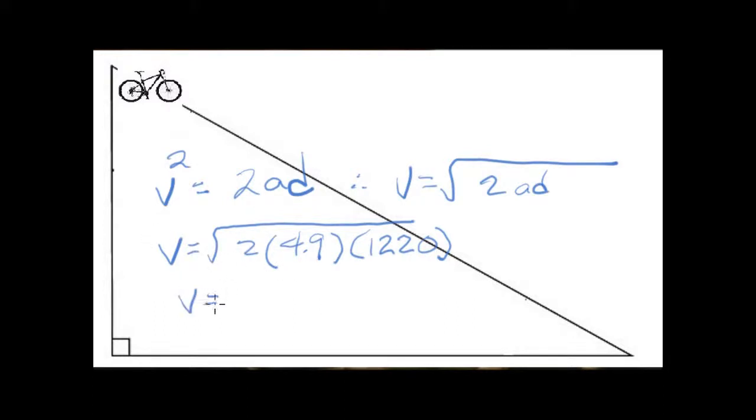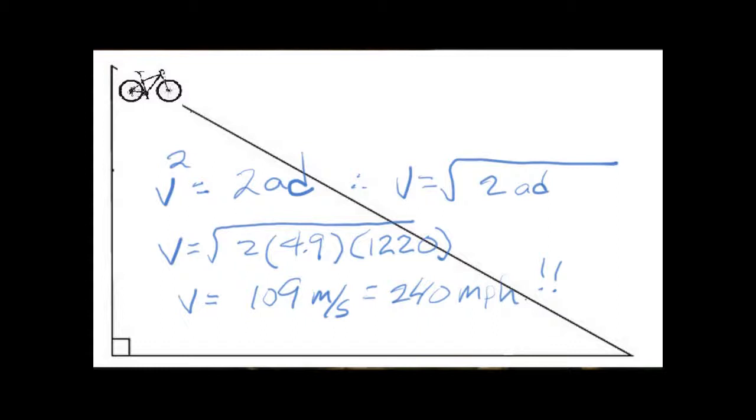When I plug this into my calculator and take the square root, I get a velocity equaling 109 meters per second, which you'll note is the same exact answer that you got in problem number 1. So we know that that equates to 240 miles per hour.